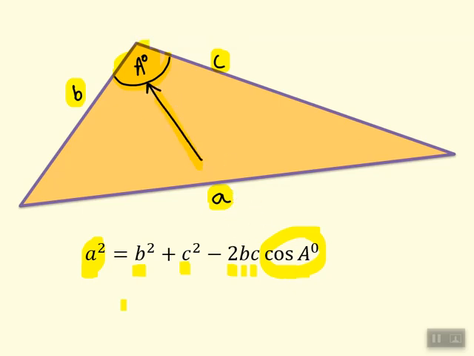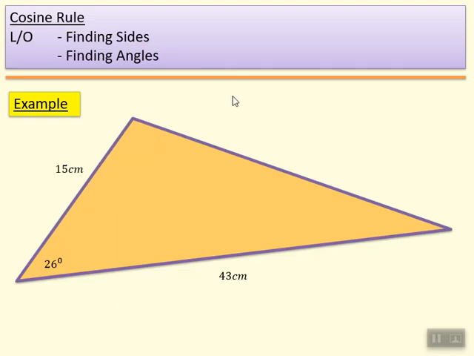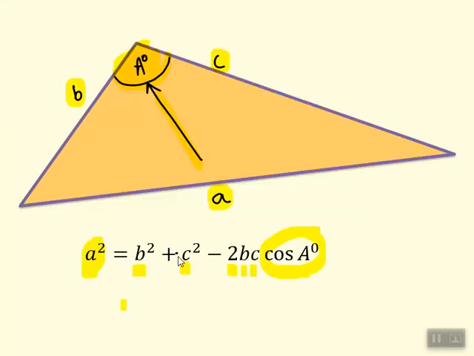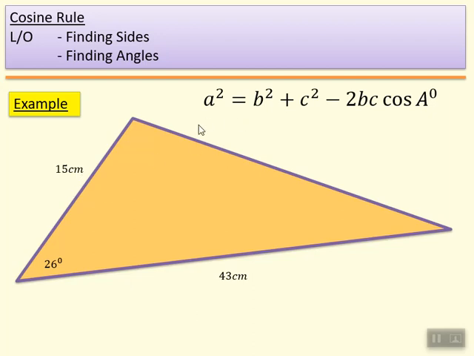So let's actually do it with some numbers. Let's do it on this one here. Let's just copy the formula over. So this is the side I want to work out, and this would be A in my formula. This would be the subject of the formula. First of all, what is the angle opposite that side? Do I know it?